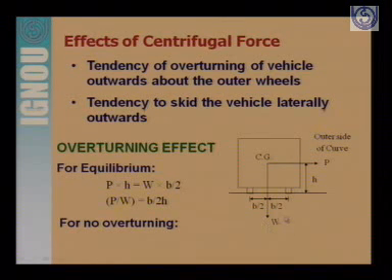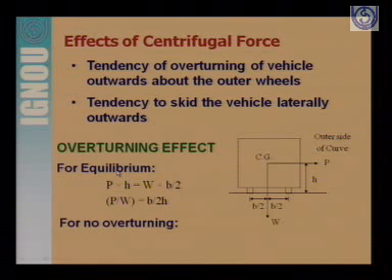This weight is W, and the distance between the CG line and the outer wheel is B by 2. So W into B by 2 is a resisting moment, which safeguards the vehicle from overturning.